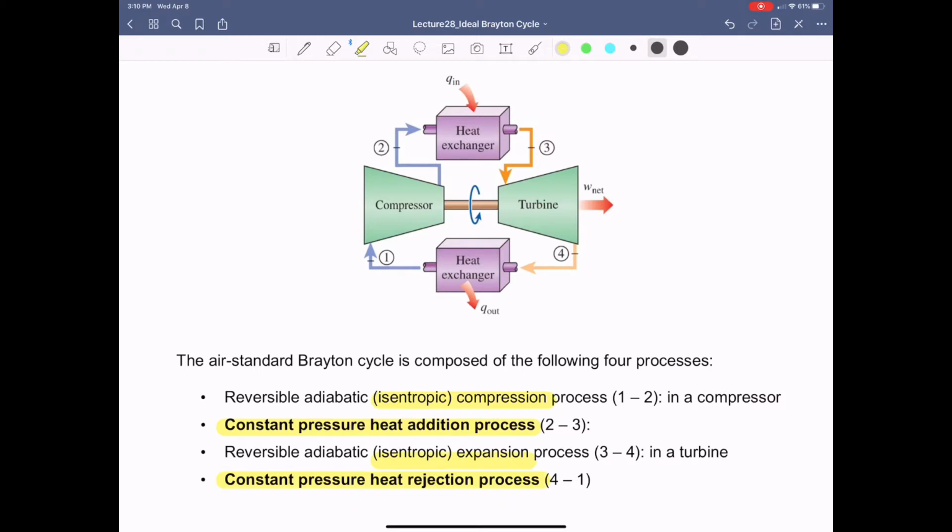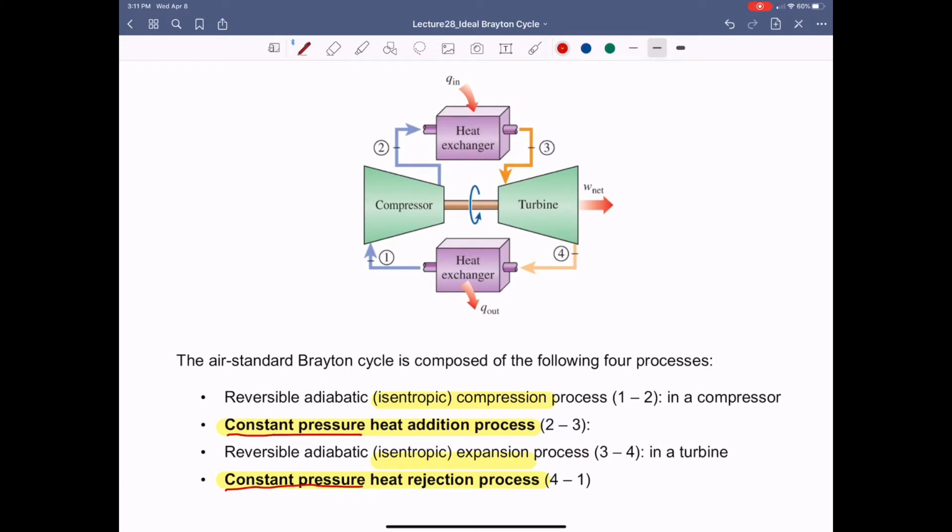Then we have to focus on these 2 heat addition and heat rejection processes. Why can we consider those heat addition and heat rejection processes to be constant pressure processes? In order to understand these 2, we have to really think about how we can assume this entire gas turbine process. Is it a closed system analysis or is it an open system analysis?